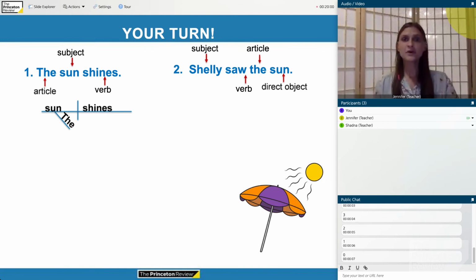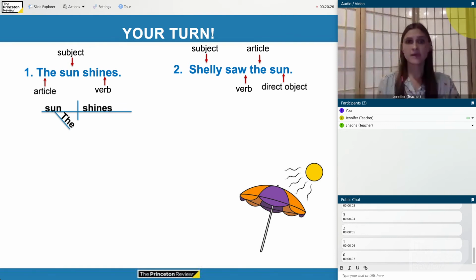So I've given you all the functions of the words in the sentence, and it's your turn to draw the diagram. So I'll give you a few moments here to sketch that up. And just keep in mind that every time you have more than 2 words, you don't always have a direct object or indirect object. Sometimes you'll have a prepositional phrase or a complement or other things that we're not going over today.